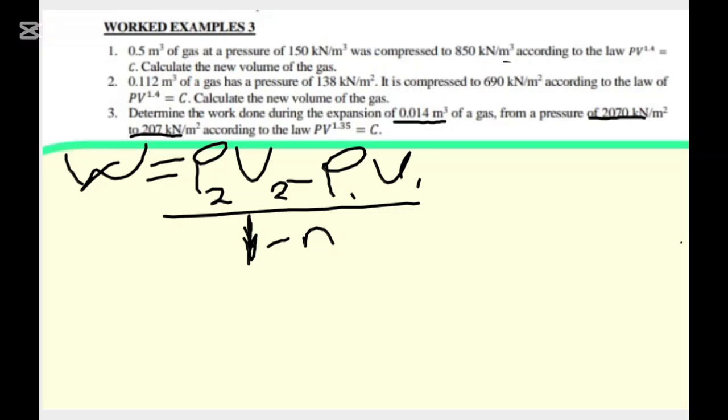So to find this, we first have to identify the value of V2 to find the value of work.